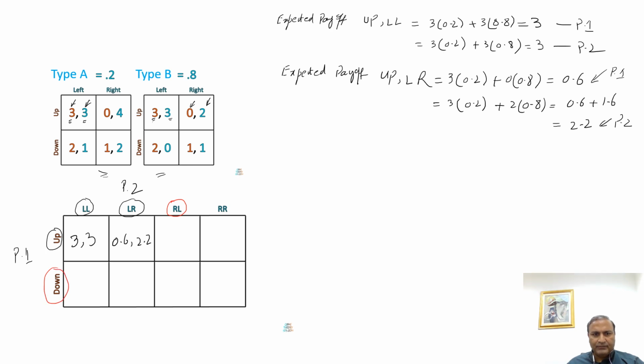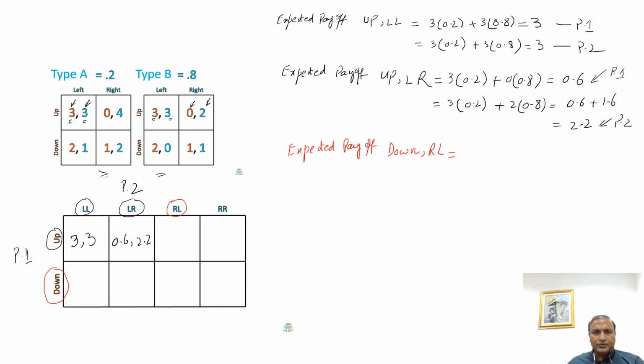You have to do it for every number here, and you can do it very easily. But let me now show you for down from player number 1 and RL for player number 2. So the expected payoff for down and RL.